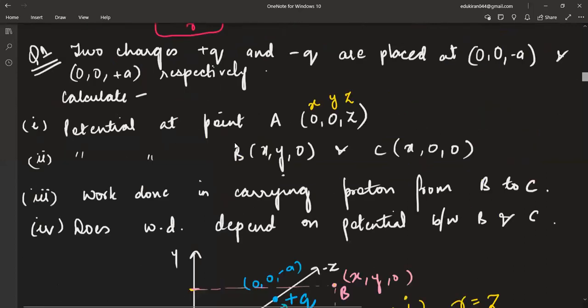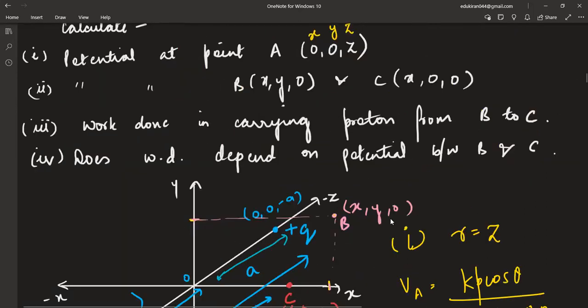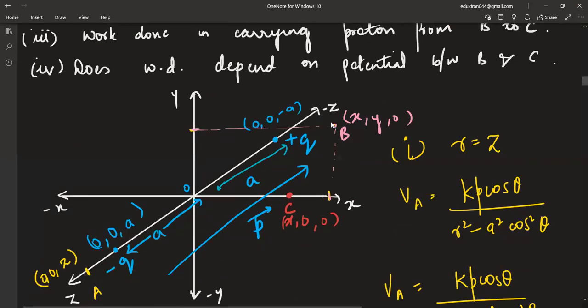Second point says B is x comma y comma 0. So x comma y comma 0, this is some random point over here. Now see, class, this is somewhere in the xy plane, x, y and z.